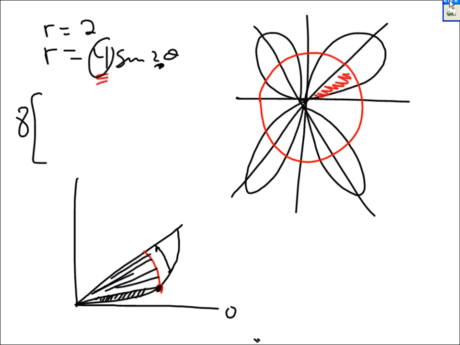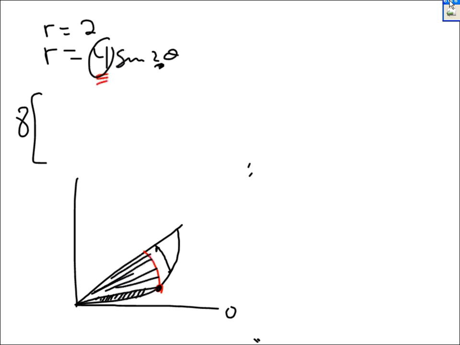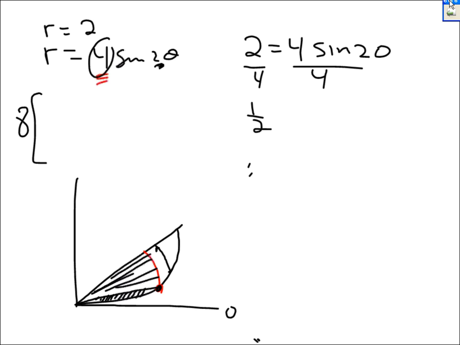So we need to find the points of intersection. And we want the first one above 0. We want the smallest one. I want to know when one R is equal to the other R. Divide both sides by 4. You get 1/2 is equal to the sine of 2 theta.